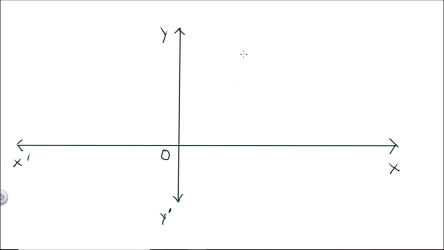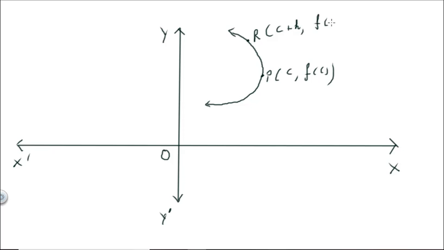Now I have to take a curve, and the curve has a point P with coordinates (C, f of C), as already told. Another point R has coordinates (C plus h, f of C plus h).